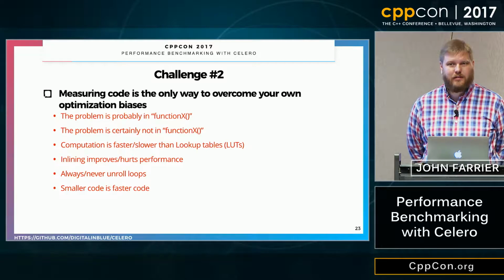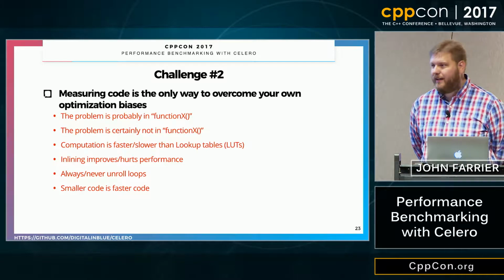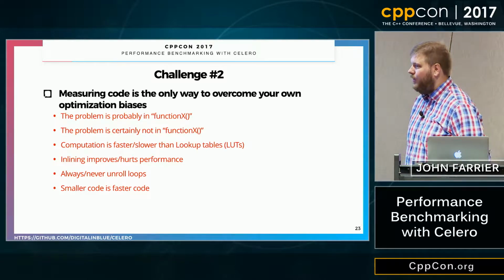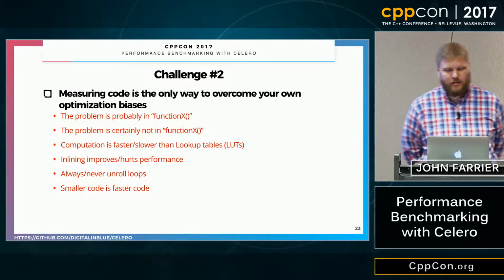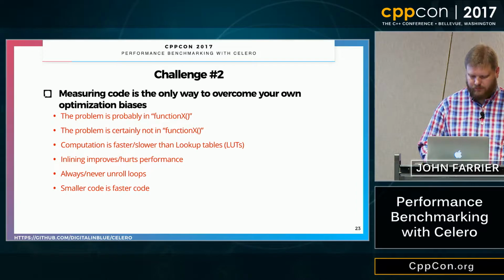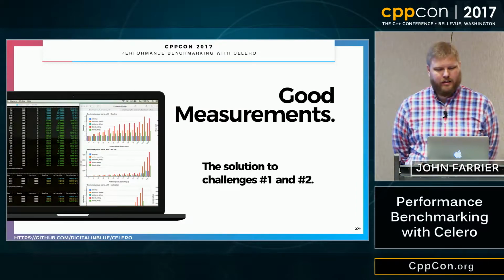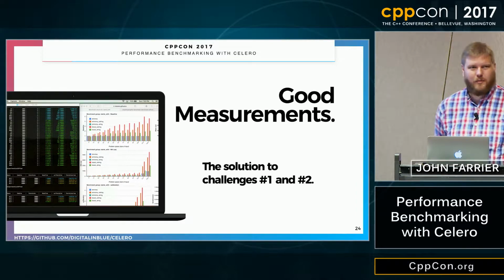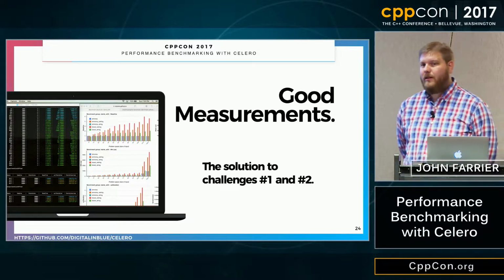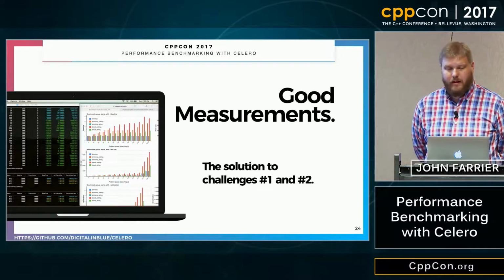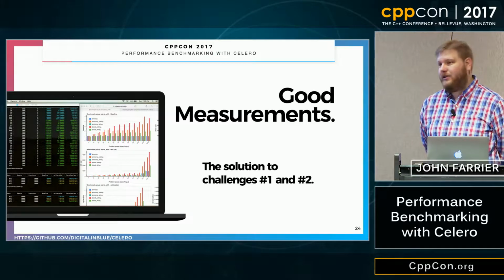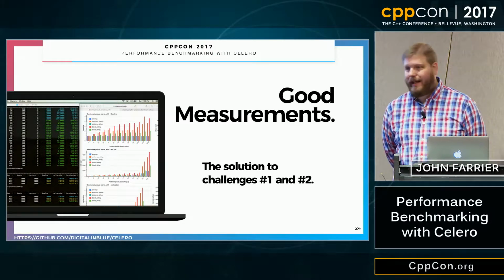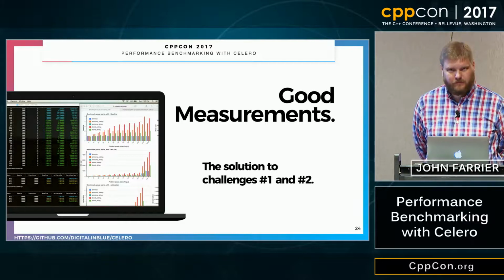Let measurements and benchmarking and dynamic analysis answer these questions for you, and trust the results that you're getting from those things. Which is good measurements. That helps us overcome some of the problems with the computer interrupting us all the time. It also helps overcome our own preconceived notions about where fast code might be and slow code might be and how we can maybe improve it.